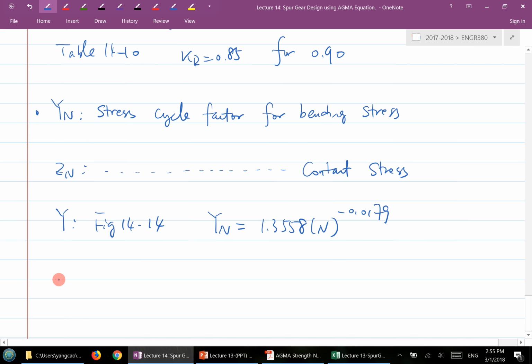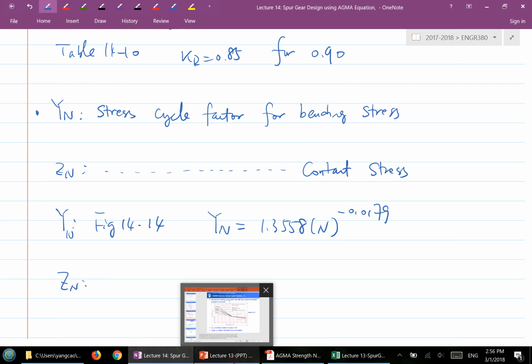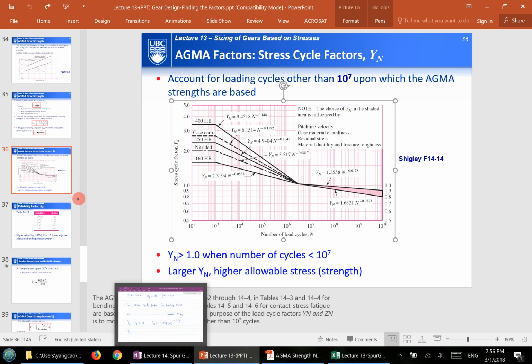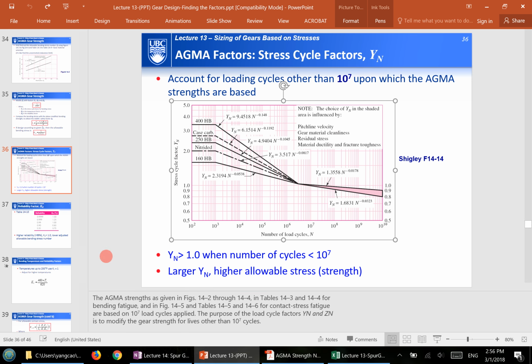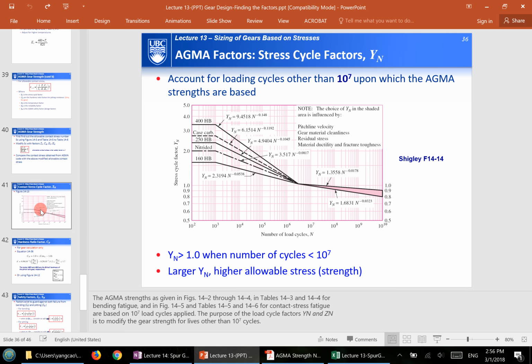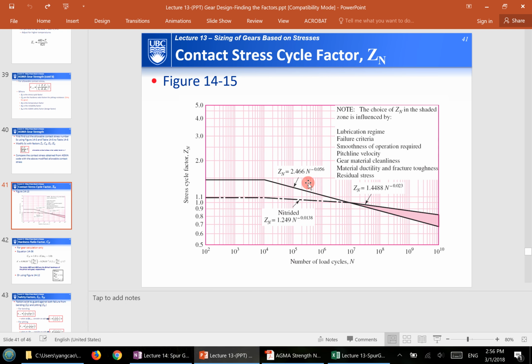And then for the zn, there's a similar figure you can use, and this is basically zn here. That's 14-15. Very similar. At the 10 to the power 7, it crosses the 1, and beyond that, you get two lines here.